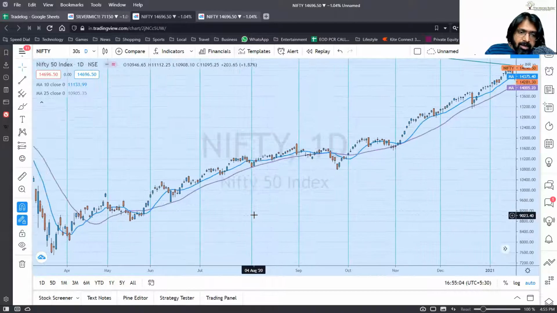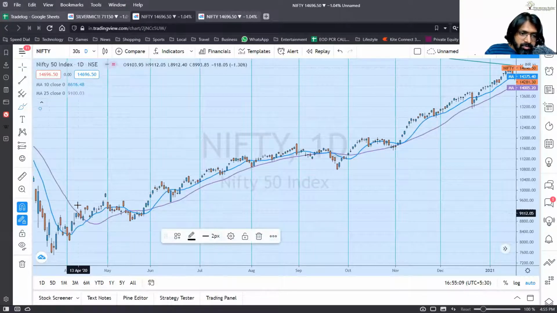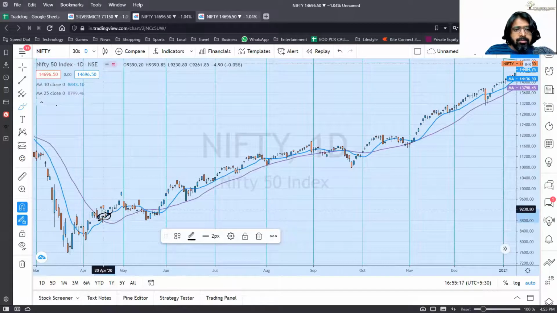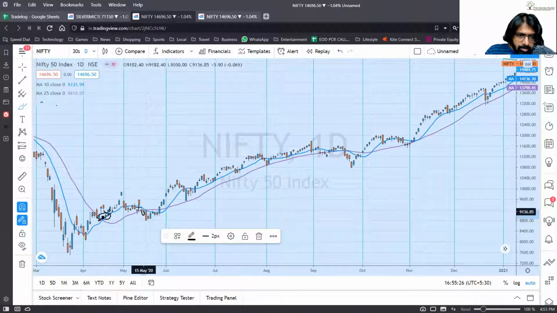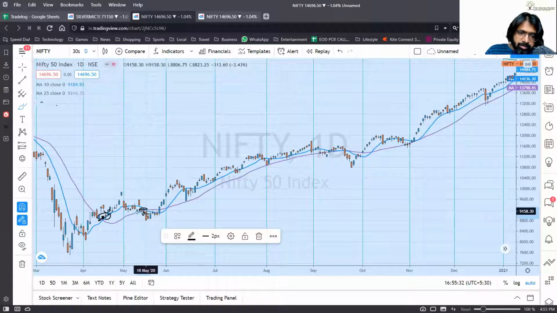Now look at how nicely this trade would have worked if we had started last year. Out here the blue line, which is the shorter moving average, went above the longer moving average, so you would have bought probably on this day, at 9,200. Here the blue line went below it, so you would have exited at a similar price, 9,200.